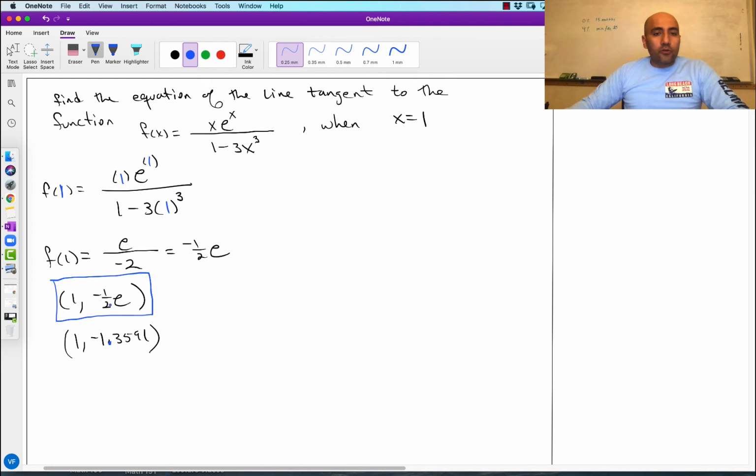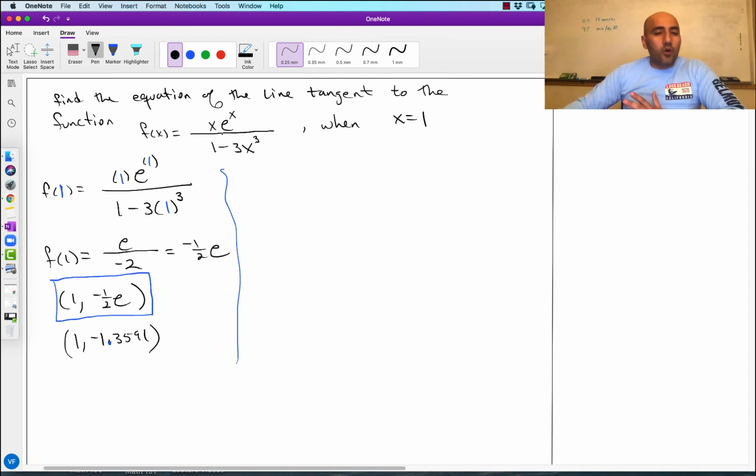Okay, so we have our ordered pair. Now we are tasked with finding the equation of the line tangent to this point, which means we have to find the slope of that line, which means we have to find the derivative of this function. So let's use our quotient rule. It's clear that the quotient rule is really best fit for this situation.